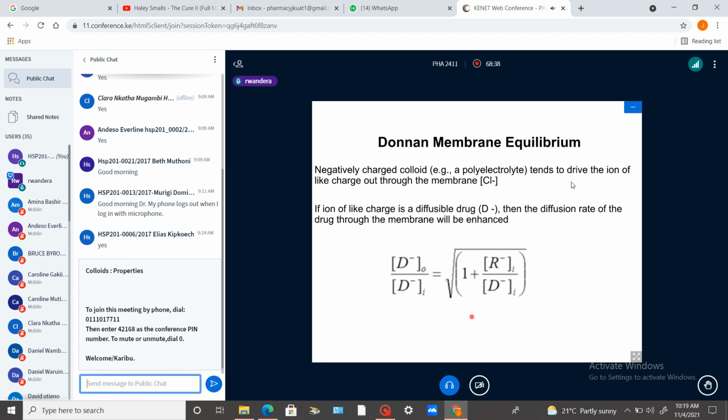Now based on this equation, you find the negatively charged colloid will tend to drive the ion of like charge, that is the negatively charged chloride ions, outside the membrane.